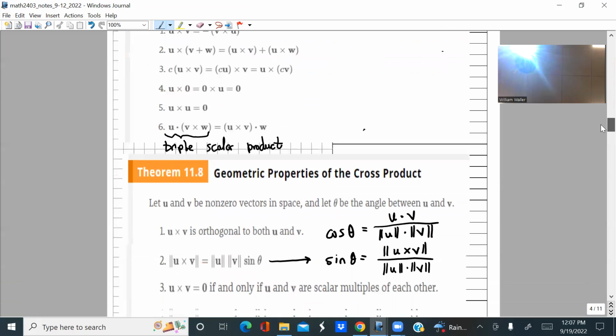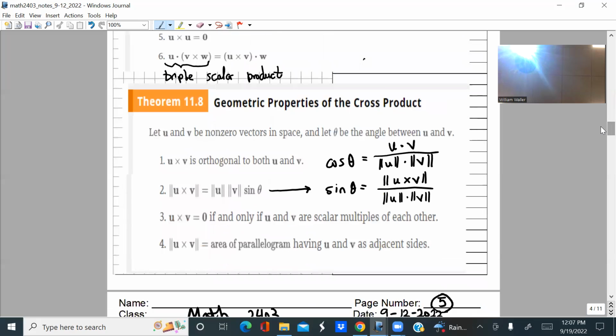Now, what's more interesting to us are going to be the geometric properties of cross products. These are really going to be helpful to us, in particular the first three. So I already mentioned this one: if you take the cross product of two vectors, that cross product is a third vector.